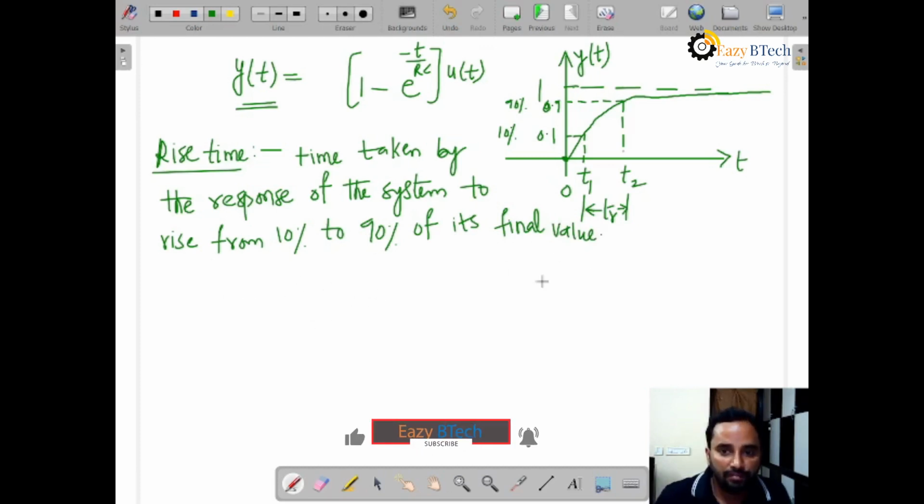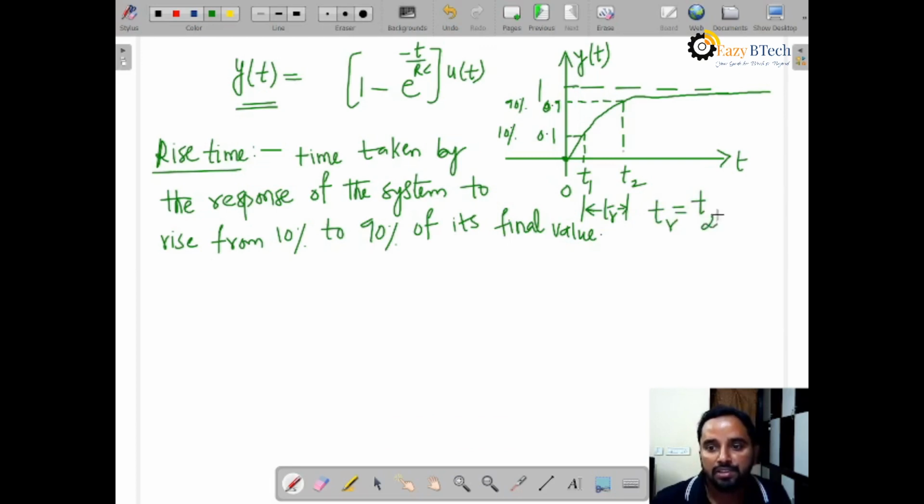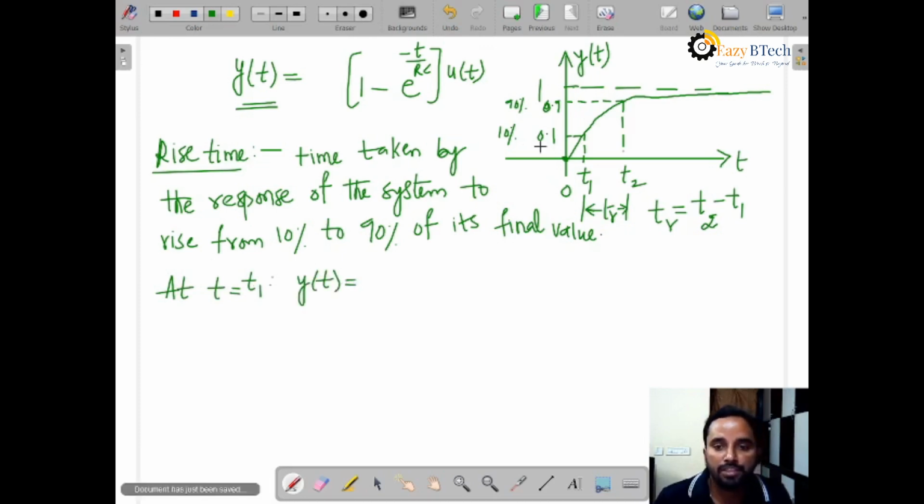So from the graph, rise time can be written as t2 minus t1. We need to calculate t1, we need to calculate t2, then t2 minus t1 will give you the rise time. So that I am going to do now. At t equal to t1, y of t value is how much? 0.1.